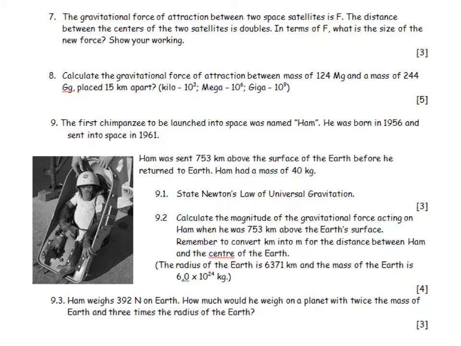We've got a gravitational force of attraction between two satellites is F. Again, F is equal to G, M of the first satellite, M of the second satellite, over the distance between those satellites squared. The distance between the centers of the two satellites doubles. So I'm now going to say I have got something equal to G, M1, M2, over 2R all squared.